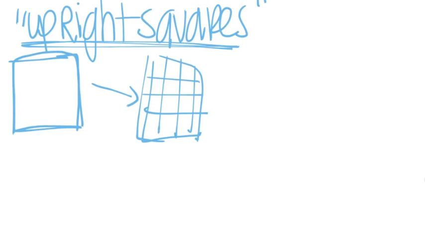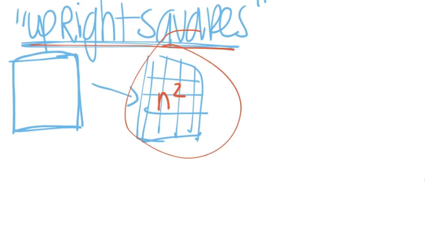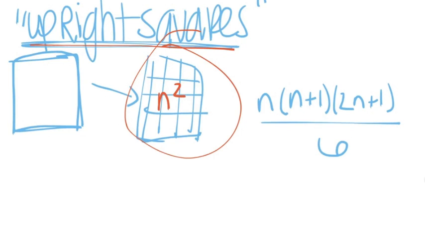The total number of 1 by 1 little squares was always n squared. So this was obviously the sum of consecutive squares, and so I knew that for upright squares, my total number of squares inside was going to be n times n plus 1 times 2n plus 1, all over 6.